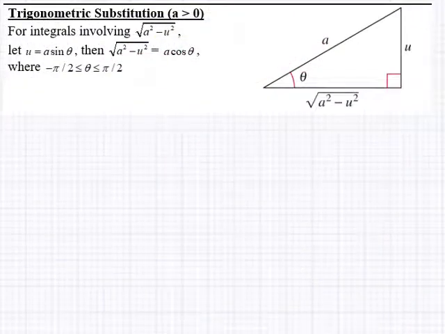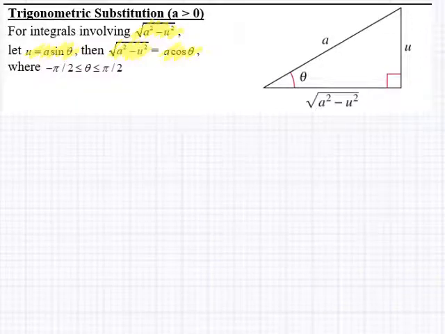First one is the square root of a squared minus u squared. What this says is that if we were to let u equal a sine theta, the square root of a squared minus u squared would then become a cosine theta.